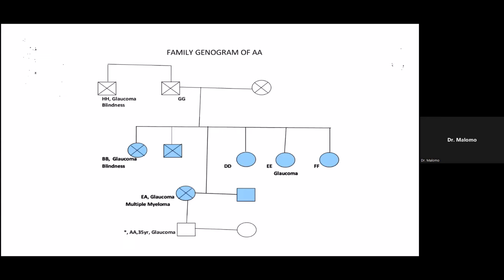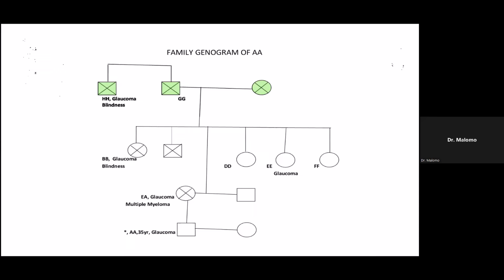Now we move to the next generation. That's of his maternal grandfather. And you can see that his granduncle, HH, also had glaucoma and was actually blind before he died.